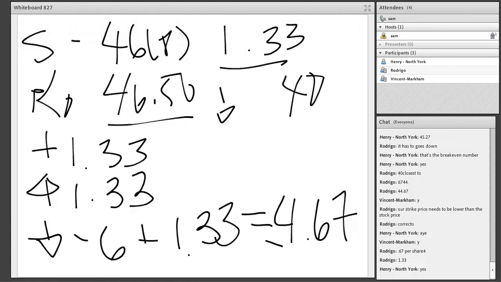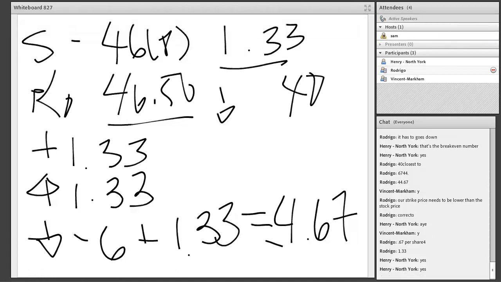Everybody see that? If I sell the put and the same exact thing happens, if nothing happens, I make $1.33, 30 cents more. But if the stock goes up, I only make $1.33. Remember, the other one, we made $2.03 if it went up. So when you sell the put, you don't make anything more if it goes up. You just get the premium. And in the worst case scenario, when the stock goes down, I lose less because I brought in more premium.